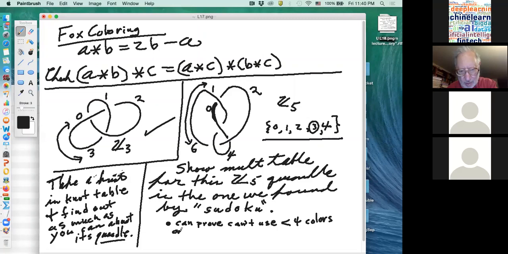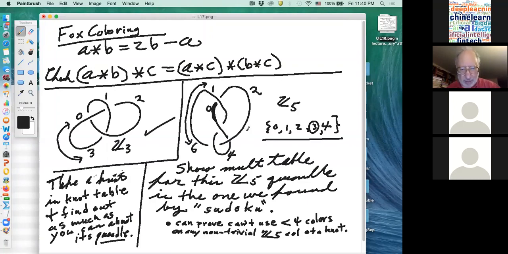on any non-trivial Z5 coloring of a knot. It isn't restricted to the figure 8 knot; there are many knots that can be colored in Z mod 5.